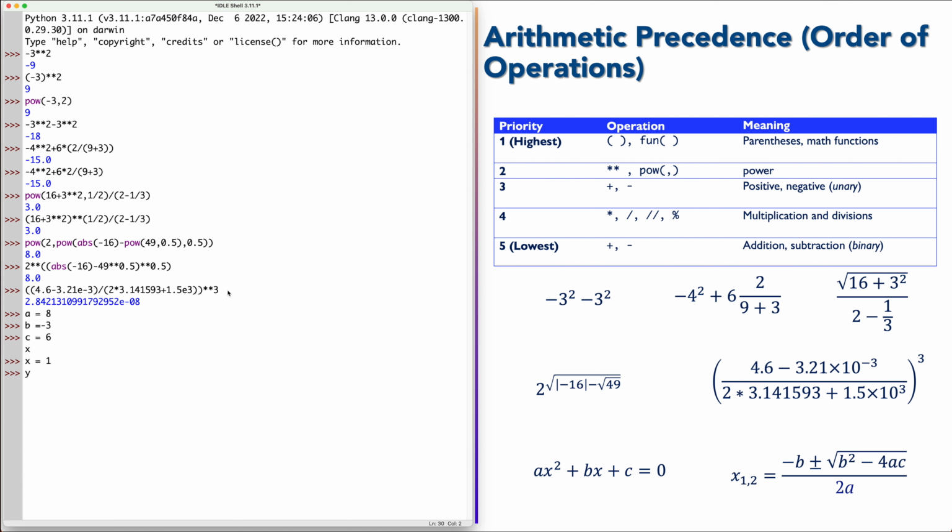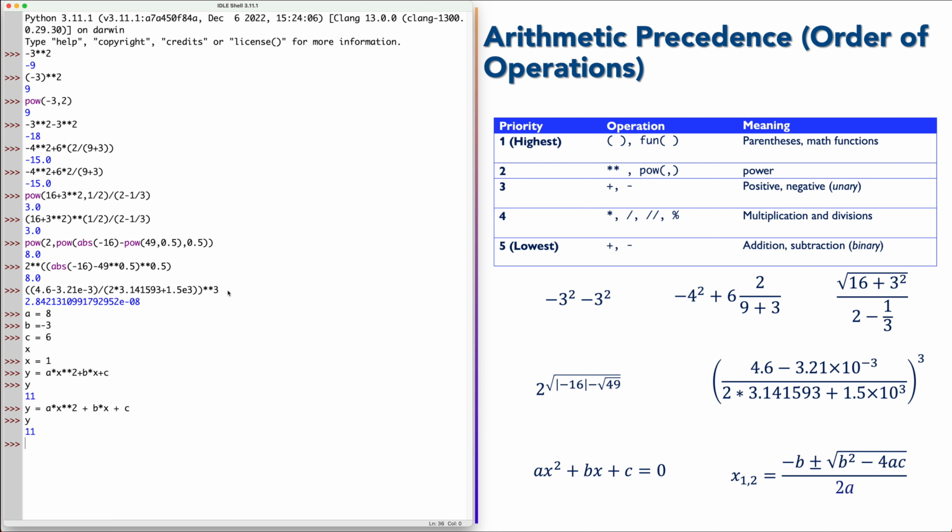So we can say y equals a multiplied by x to the power 2 plus b. Don't forget the multiplication sign. So we get the value of y here in this case. Notice that we can add spaces for clarity. In both cases, the result should be the same.